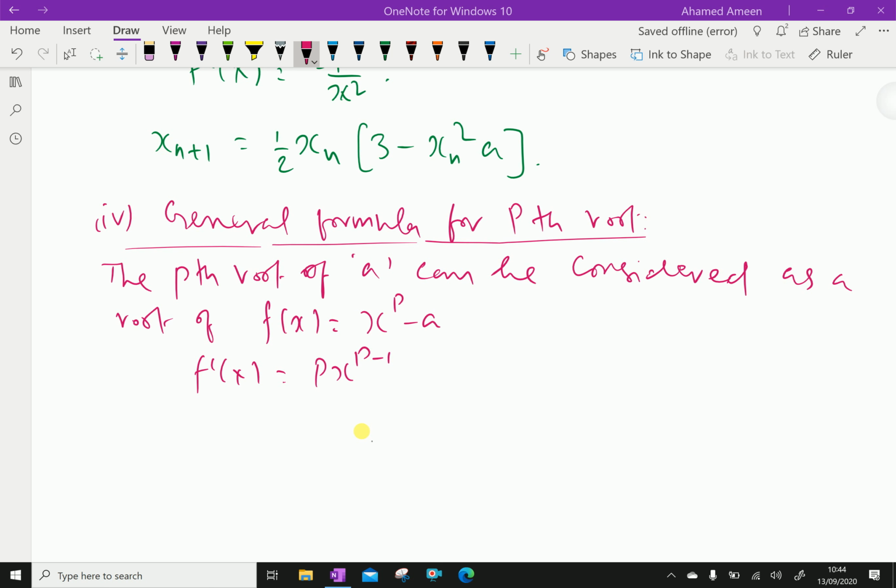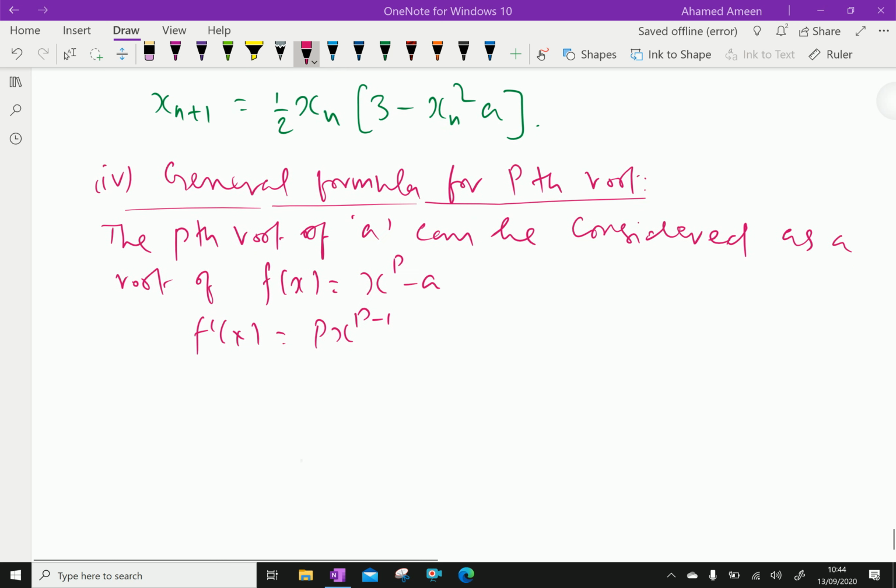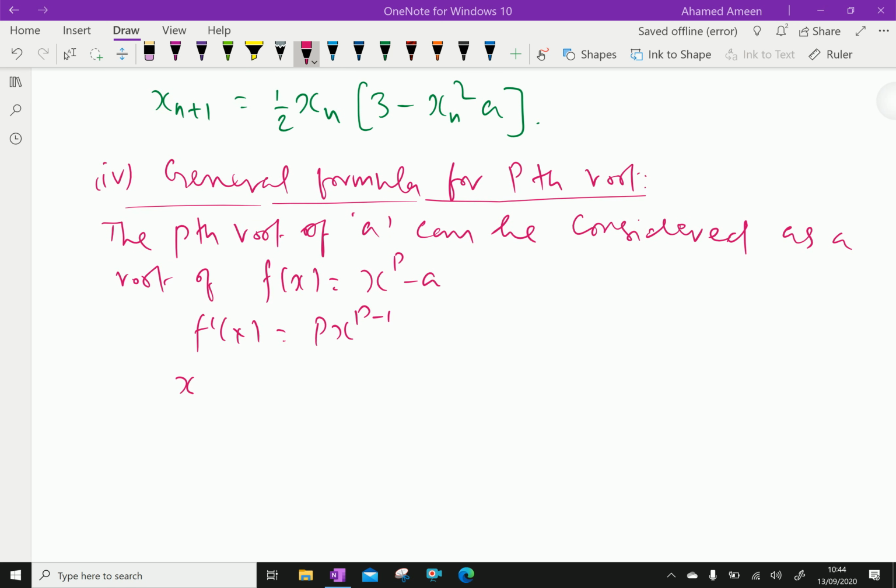Then therefore the iterative formula of the pth root of any number a is x n plus 1 equal x n minus (x n power p minus a) over p into x n power p minus 1.